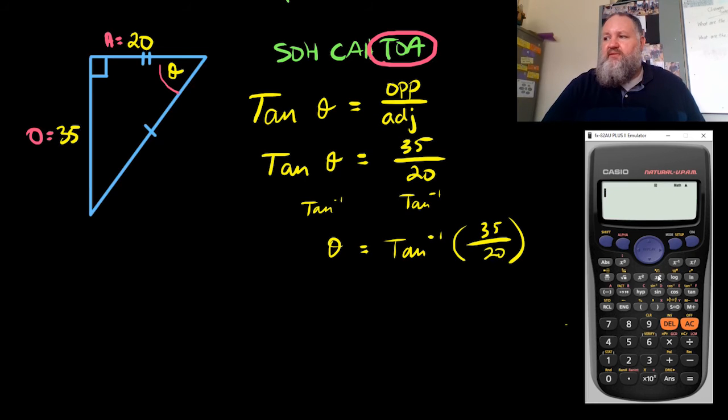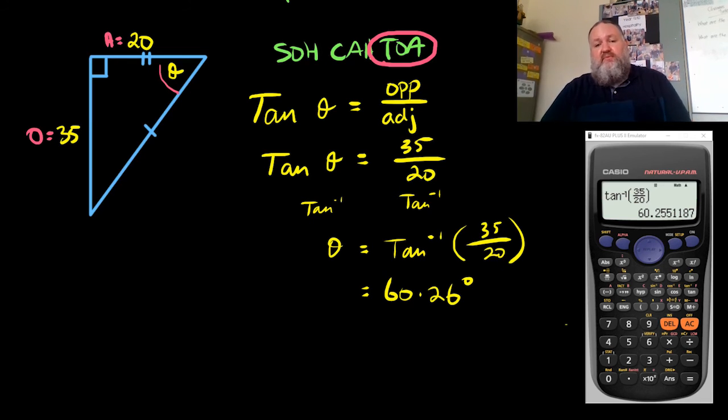So let's do that. Shift tan, and it will be 35 divided by 20, and then I go to the end and close my brackets, and it gives me an answer of 16.25, which I'm happy to call 16.26 degrees, of course. The angle theta, in degrees.